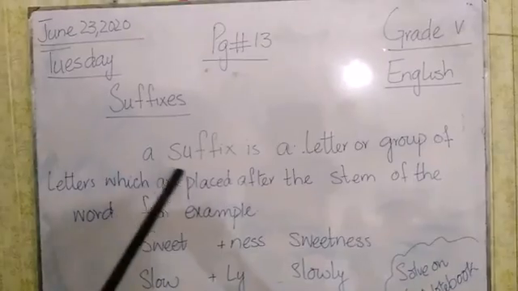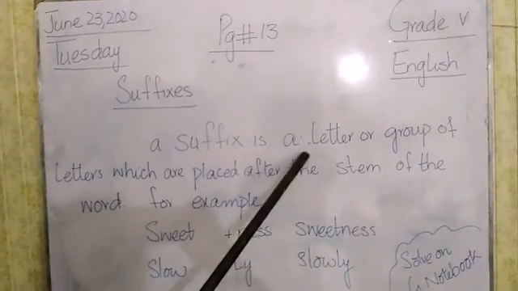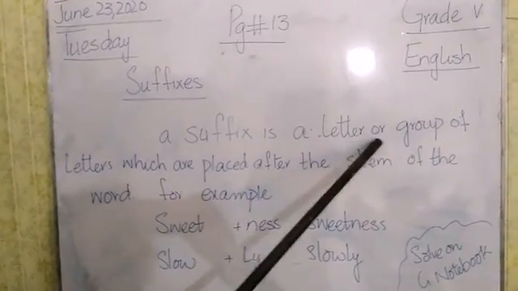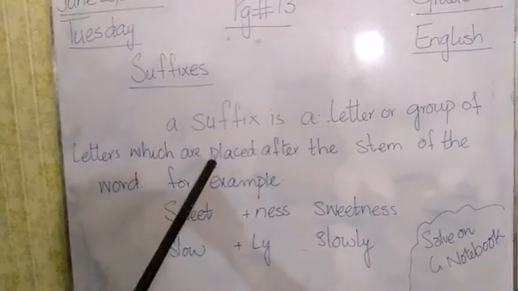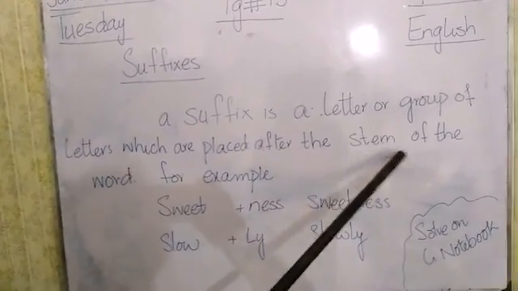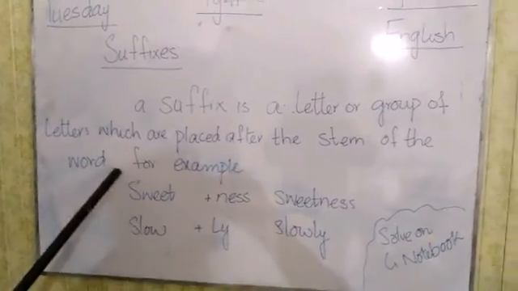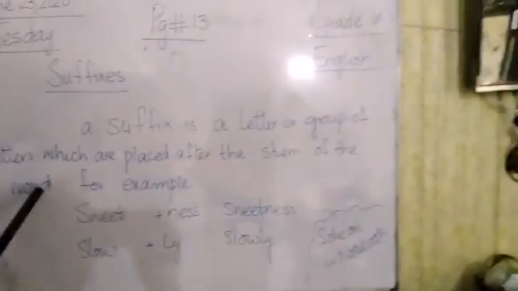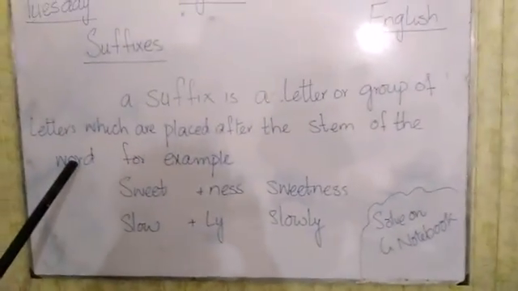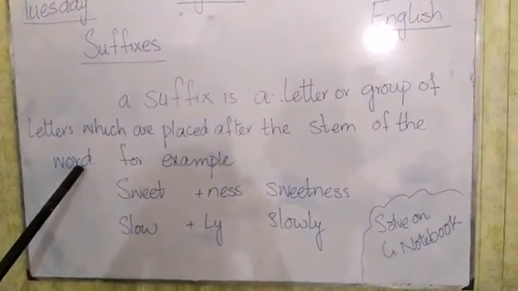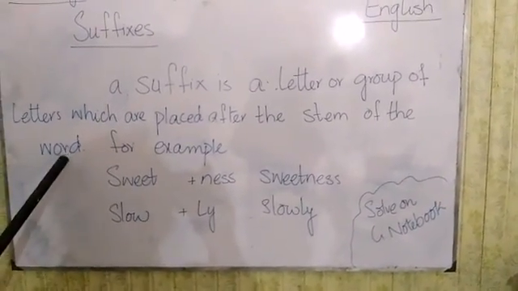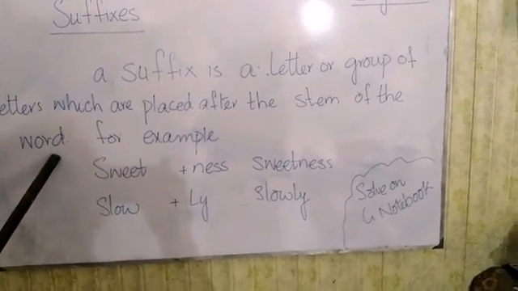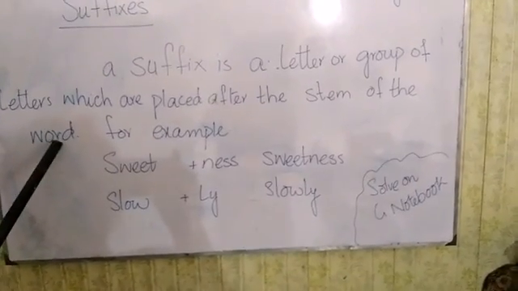Suffix. A suffix is a letter or group of letters which are placed after the stem of the word. Stem means root word. When you add some other word to the stem, the word which you are adding is called suffix.